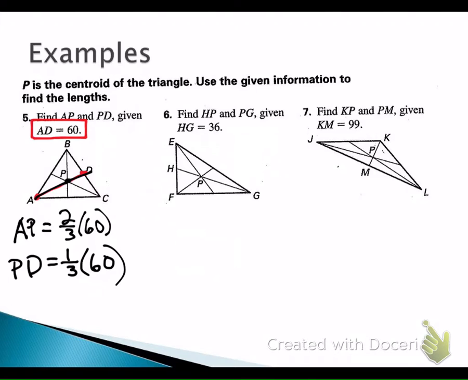Yep. I want you to write what I'm writing and that the whole thing was 60. So just write AD equals 60. We're trying to find AP and PD. So can I see like the whole thing?